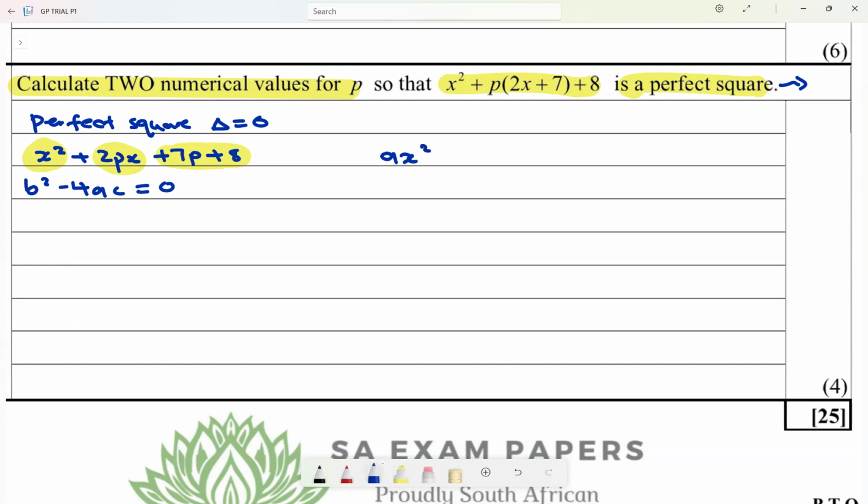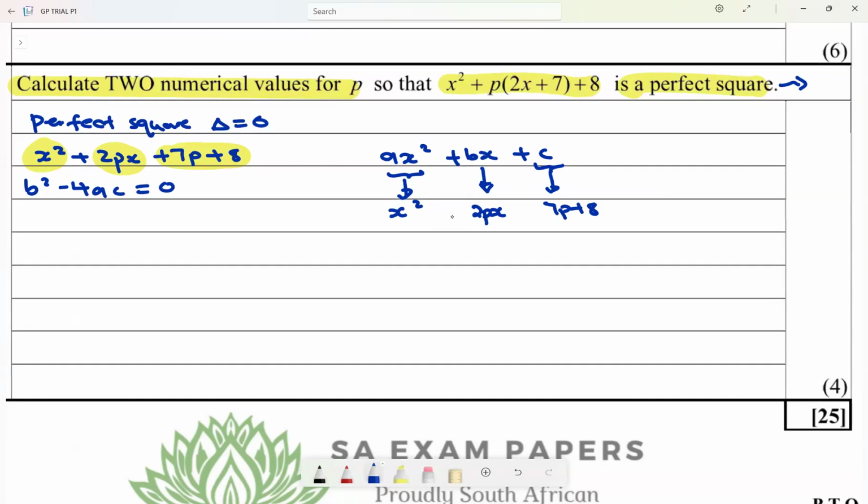When I have ax squared plus bx plus c, a matches the x squared, b matches everything that has x, and c matches everything that is left, which is 7p plus 8.